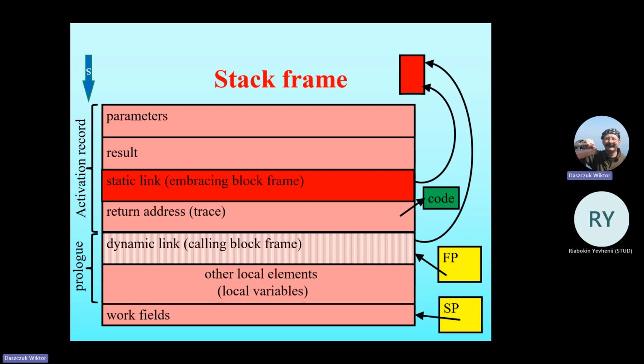But it can happen that the result is on the stack, the place for the result. Static link, I will explain later how the static link works. And the return address, because the last instruction of the calling subroutine is the call instruction. The call instruction deposits the return address on the stack.